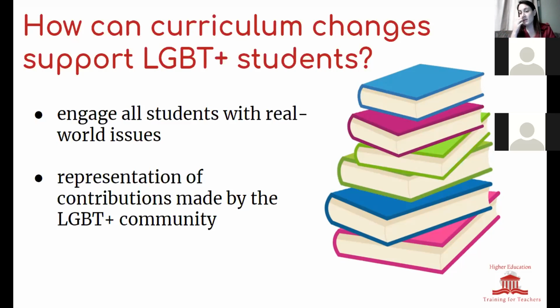So maybe you can have an article or a movie, or have them do homework about someone famous who is LGBT plus. There are many scientists and artists and everything that are LGBT plus. Being LGBT has been around since forever. If you look at history, there are lots and lots of people.